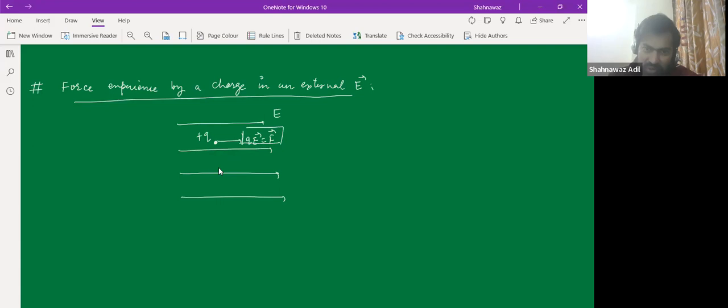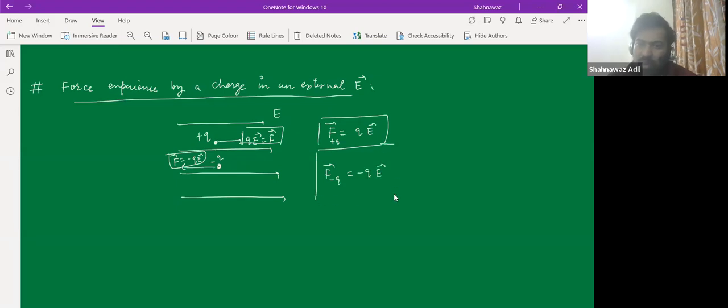And if you have a negative charge, minus Q, so force would be in this direction, and that would be minus Q. So this is the force, right? So F would be, for positive charge, this is QE, and for negative charge, this is minus QE. This is the important thing to remember.